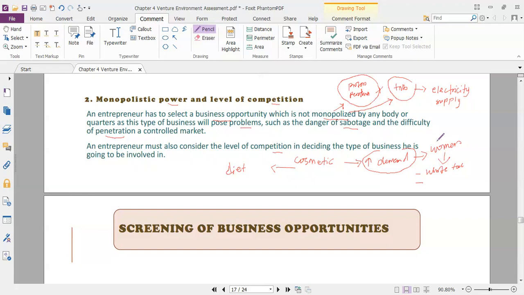Walaupun perempuan tu dia lahir kulit dia tak cerah, tapi because of the cosmetic dia akan jadi putih cantik. Itulah dia. Because of the demand increase, so it will create the opportunities in the cosmetic punya market lah.